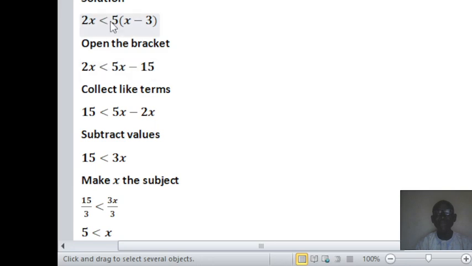I repeat, plus times plus here, plus behind the 5, and then plus behind this x. So when I say 5 plus times plus, you have a positive there, even though it's not written. But 5 times x, you have 5x.